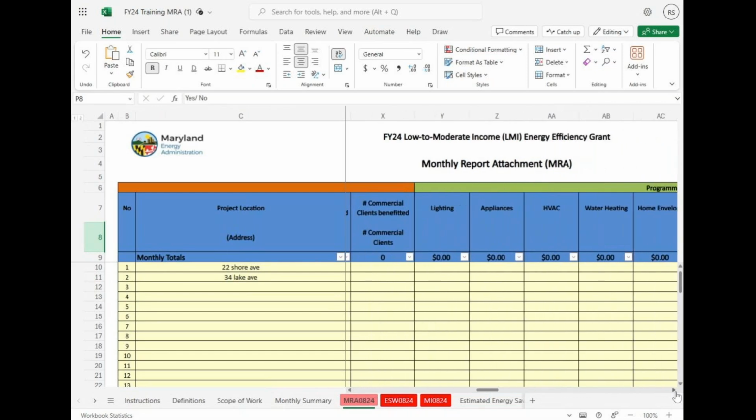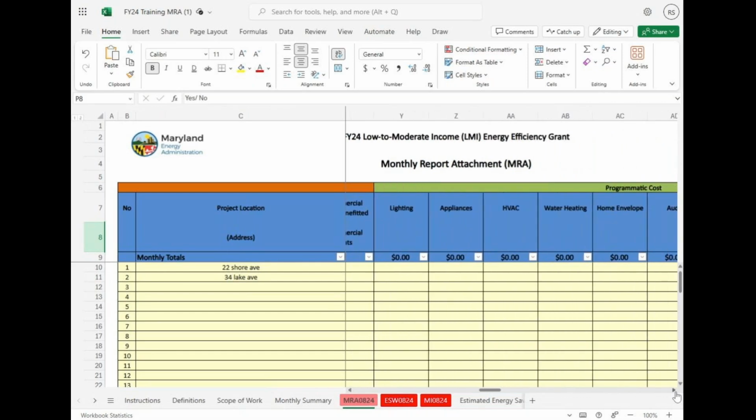Okay, and then we get down to the programmatic cost. As you can see right here, we have each measure listed at the top. So for, let's say, 22 Shore Ave, you installed lighting. You spent $75 on lighting. Okay, you bought a new refrigerator, 600, you know.